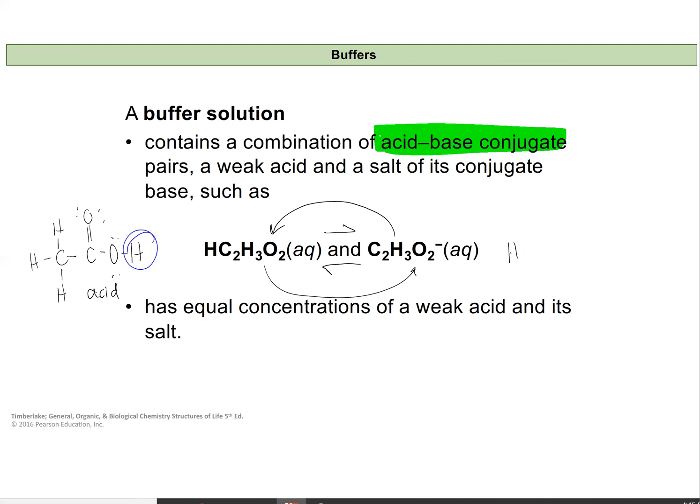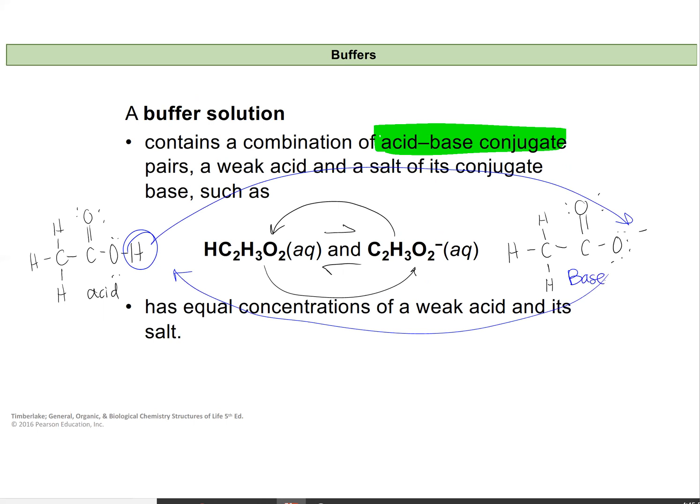And so its conjugate base is acetate. And basically what happens is this hydrogen, if a base is introduced, bounces over here and I bounce back and forth between this acid and base. And so this hydrogen can go back and forth.